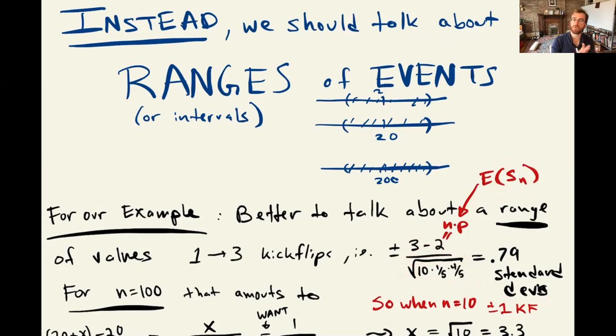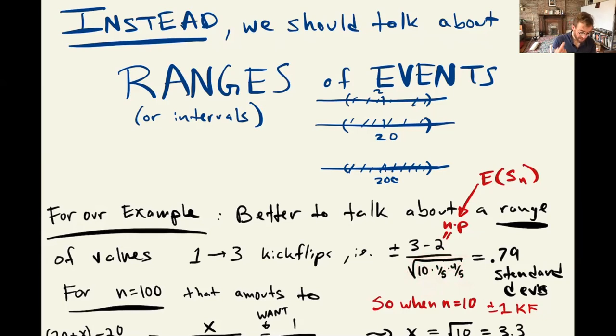Now, this is an important concept, because instead of talking about raw numbers of kickflips, I could talk about just a fixed number of standard deviations. And so as my standard deviation changes, which we all know goes according to the square root of n times pq, and so this will change as n changes, I can keep that ratio constant.